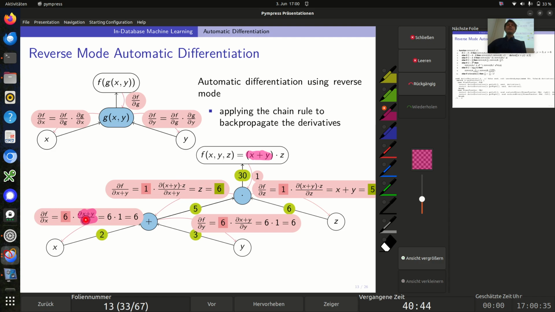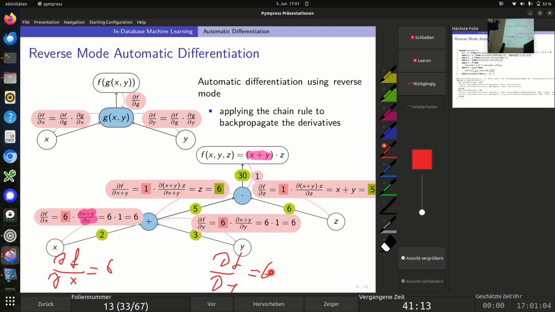So we derive x plus y with regard to x times the previous partial derivative, and at the end we get the whole function derived with regard to x. So here the whole function derived with regard to x is 6, and with regard to y it is also 6 in this case. Okay, so basically that's how automatic differentiation works in reverse mode.